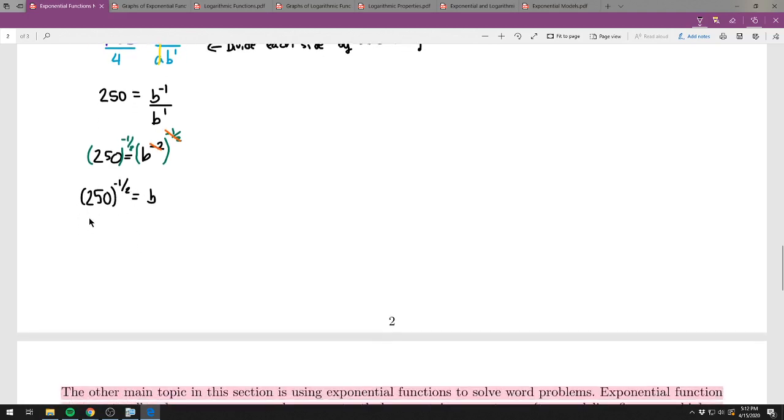Now you can do a little bit to simplify this. It's not going to simplify much. What you don't want to do is write this as a decimal. Very few homework problems in this class allow decimals. It's pretty much just the word problems. But if you don't like negative exponents, you can always make an exponent positive by flipping the inside.